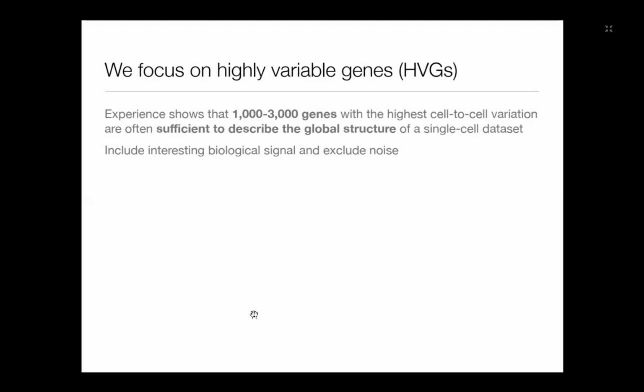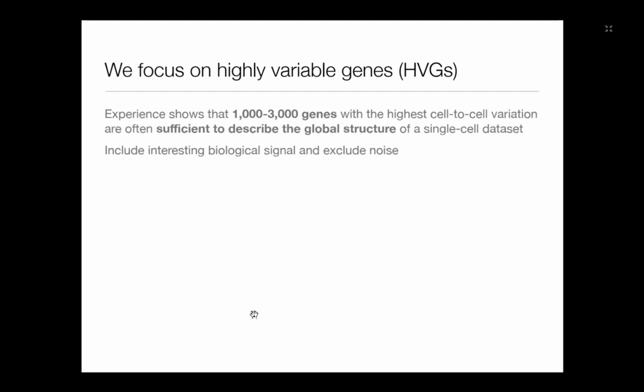Our gene counts table has, let's say, 10,000 cells and 20,000 genes. And we know that actually 1,000 to 3,000 genes with the highest cell-to-cell variation are often enough to describe the global structure of the data set.